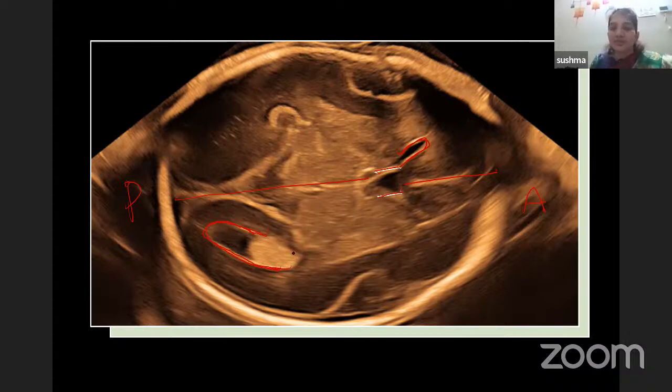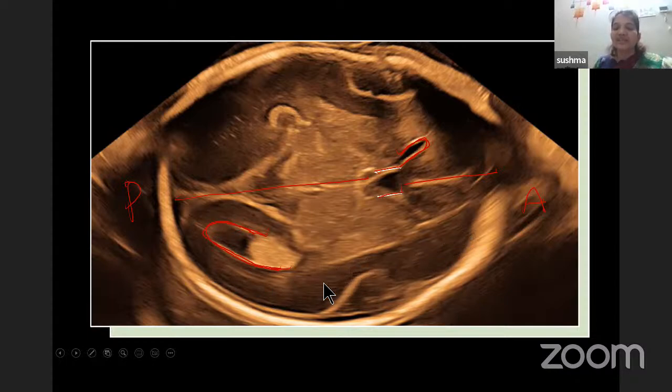So most important thing in fetal brain to remember is that brain is a hypoechoic structure. Hypoechoic means it appears black. Here, this is the brain parenchyma that we are seeing here.